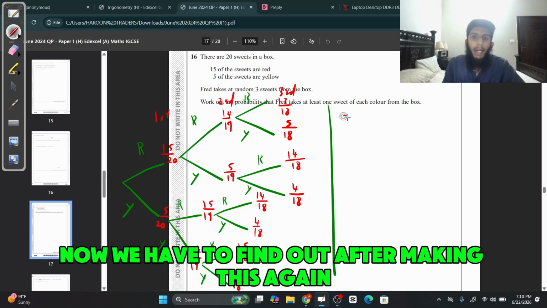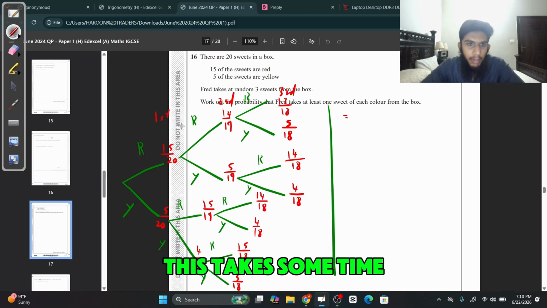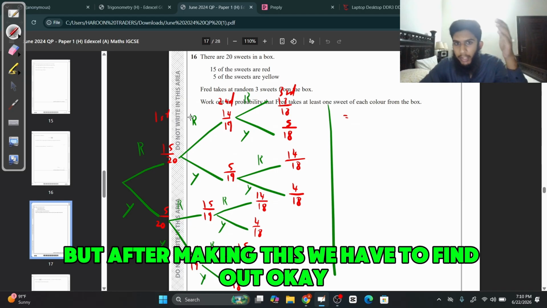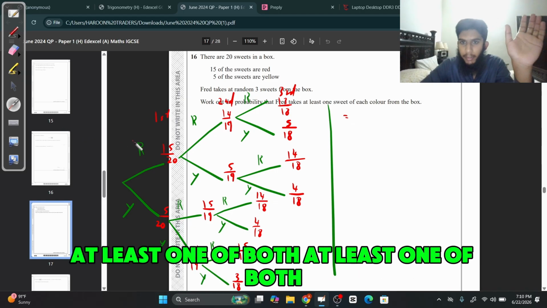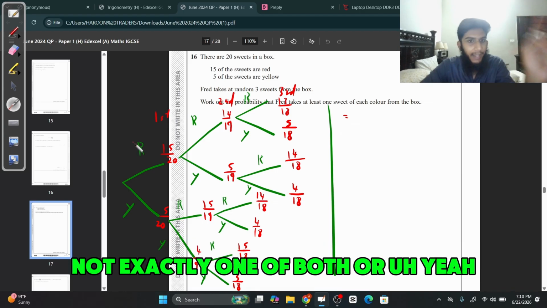Now we have to find out, after making this, again, this takes some time, but after making this, we have to find out in which combination do I have at least one of both? At least one of both, not exactly one of both.